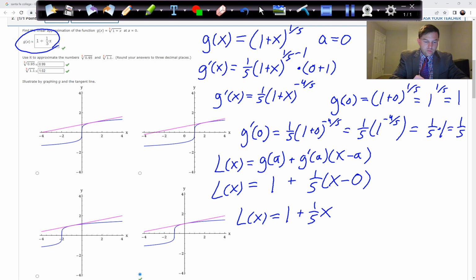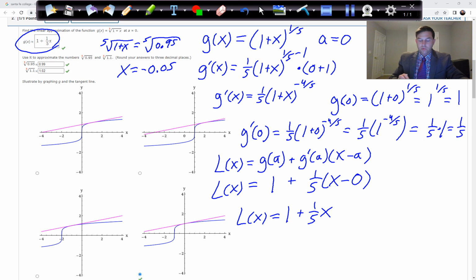So we want the fifth root of 1 plus x to equal the fifth root of 0.95. So the only way we can get those two to match is if x is negative 0.05. I want to write this and let you think about that. So to get this 1 plus x to equal 0.95, we would have to have x be negative 0.05.